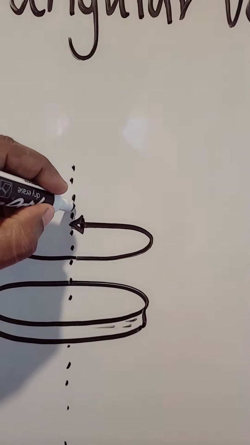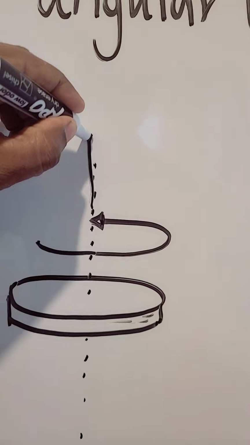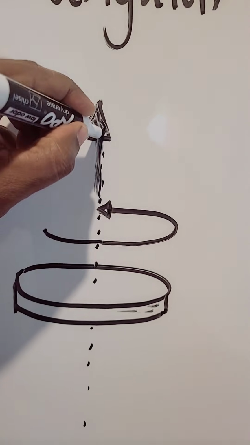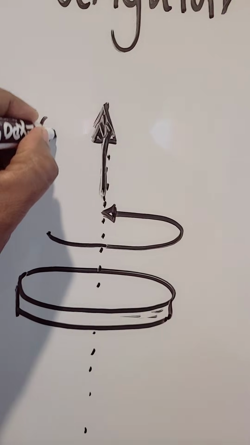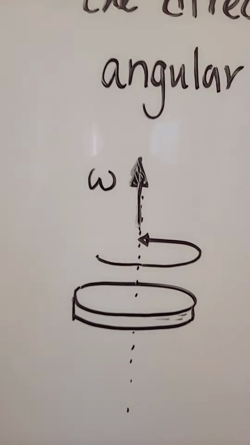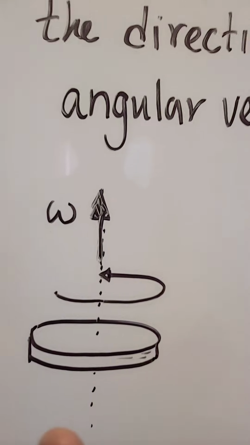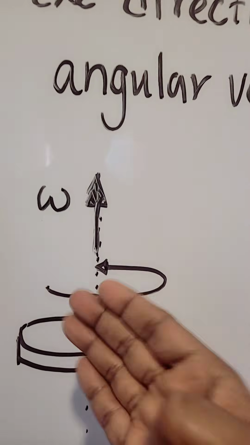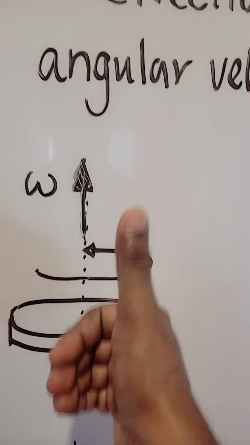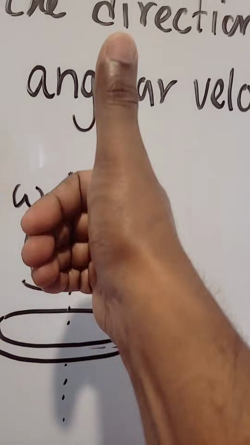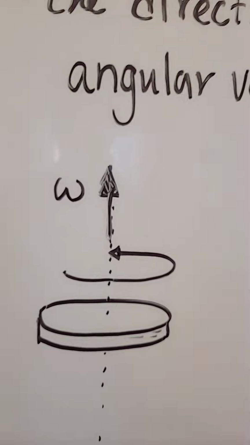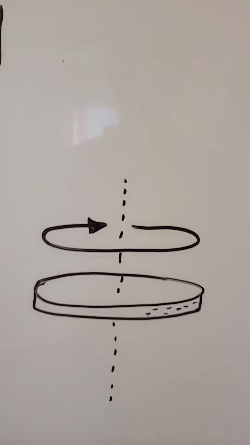So in this case, the angular velocity vector is in that direction, guys. That's the direction of omega. Right hand rule again: align the four fingers in the direction of rotation and the thumb points in the direction of the angular velocity vector.